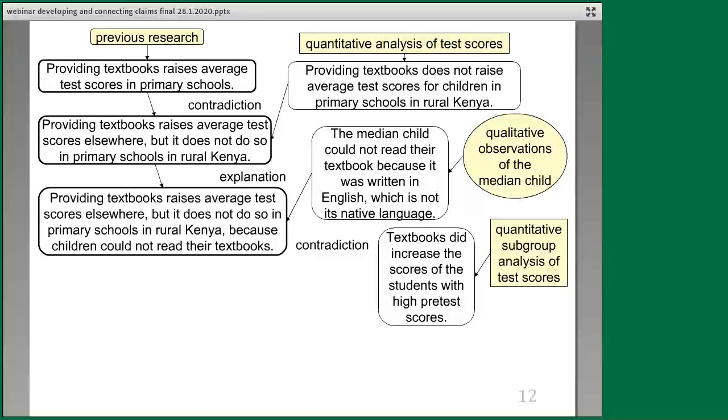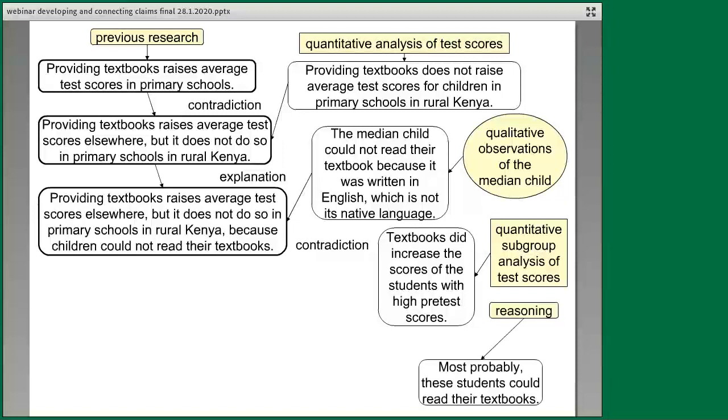And then we have a contradiction, because we have said it does not raise test scores in rural Kenya, but here we have a group for which providing textbooks does raise test scores. So we have this contradiction, but we also have then an explanation, because this explanation is not found through method, but simply through reasoning.